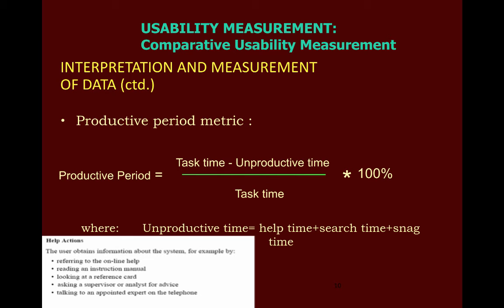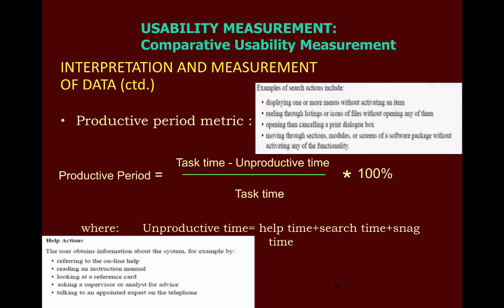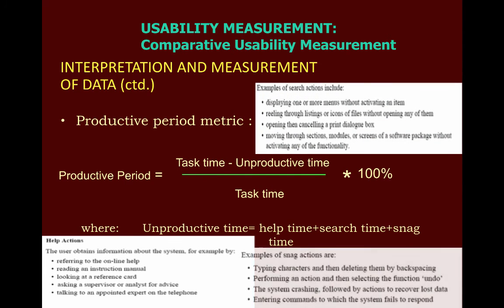Time that you need to spend to undo stuff, for instance, or to try and delete stuff because you carried out the wrong action, or perhaps the system crashed and then you have to recover. So if you measure the productive period, which is the total time it takes to accomplish the task, minus the time that you spend consulting help, searching for the right buttons to click, or recovering from errors, the so-called unproductive time, then you get a measure of your productive period.